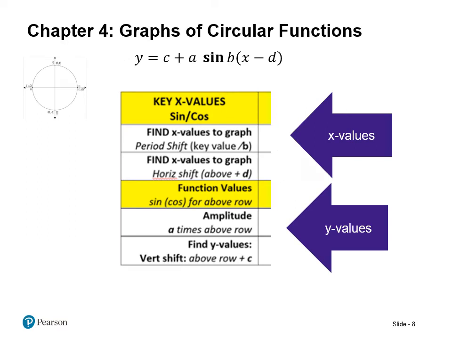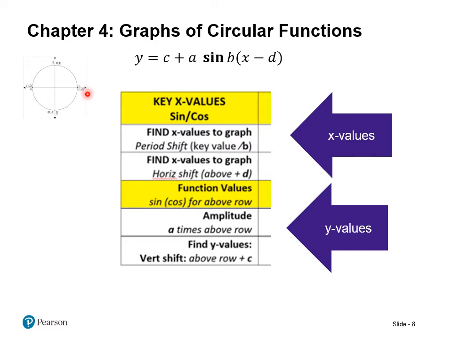Now, what we're going to do, it's pretty straightforward, and you need to know this, you need to memorize this, is how to find all the translations that happen from a normal or normalized circular function or trig function. Okay, you're going to have values that you already know. This is like for sine x or cosine x, tangent x, etc. You're going to know the x values for that and the y values, which we just saw by looking at the unit circle.